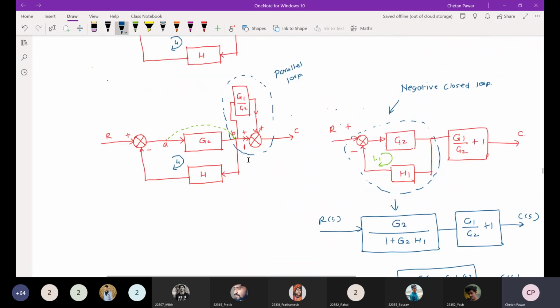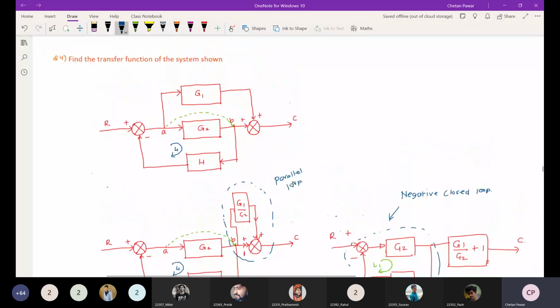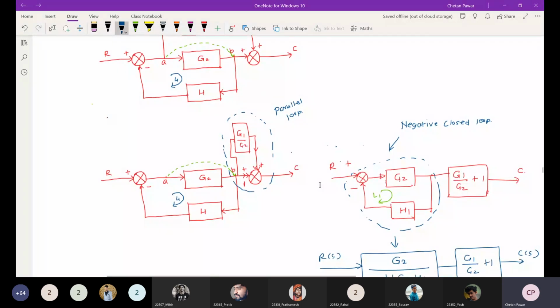So we have applied only a few techniques. First, we shifted this takeoff point after the block so that we can reduce this particular closed loop. After shifting, we came to know that this block and this overall block are in parallel, so we used the parallel block reduction technique.